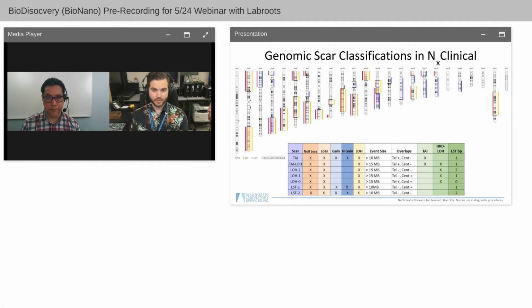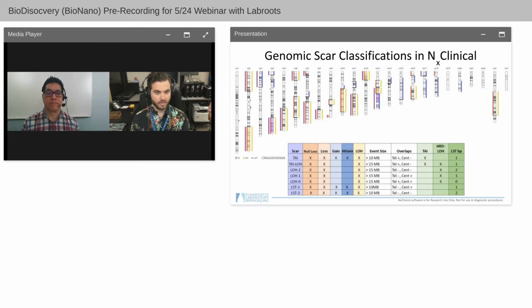If we look for a minute at this, you can see that there's red and blue, which show a gain in blue and a red loss state change across the P and Q arms of each of these chromosomes. You can now also see down in the lower left, the 3 genomic scar classifications present in the legend as purple, yellow, and black.